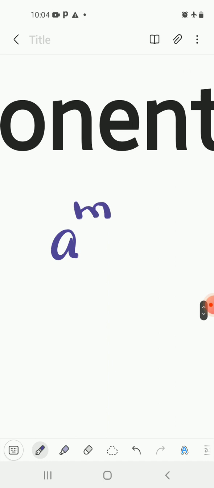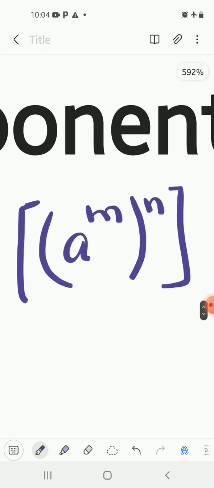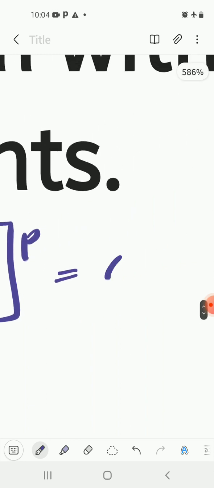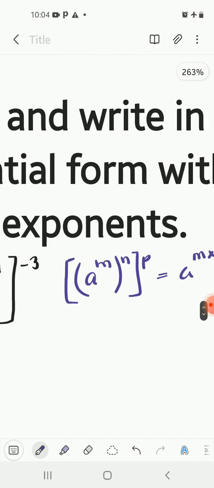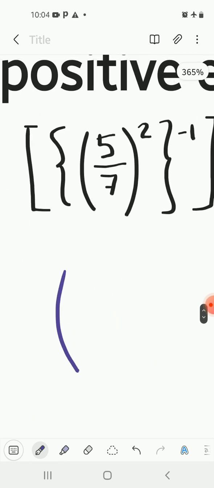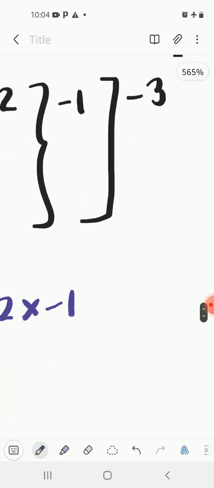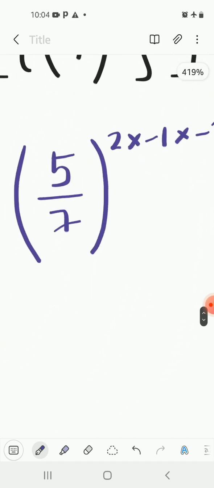See, a to the power m to the power n, if there is another bracket as well, suppose p, then we multiply all the powers. So the same law will be applied to this question. Simply see 5/7, multiply the powers, 2 into −1 into −3. So let's solve it.